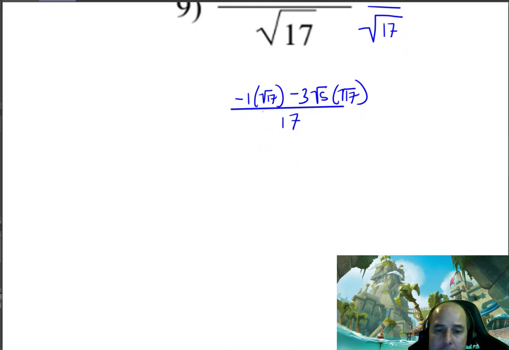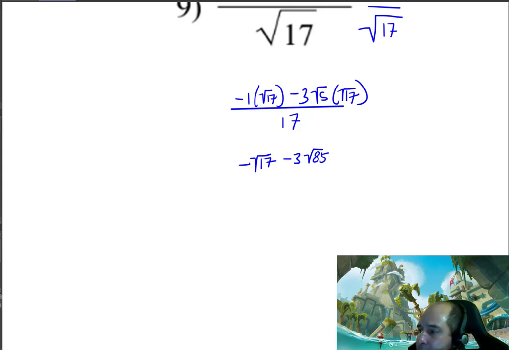Now what I have to do is actually do that process. So this is going to become the negative, right? Negative square root of 17, right? Minus, the reason I got rid of the 1 was it was unnecessary, right? Minus 3 times, what's 5 times 17, right? Well, that looks like, I think, 85, right?